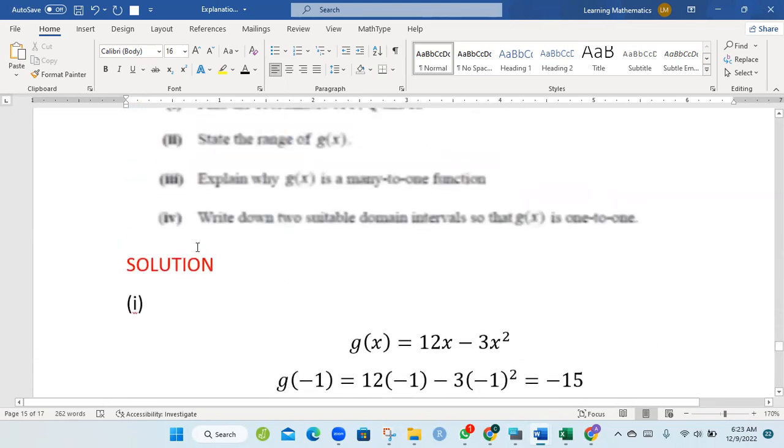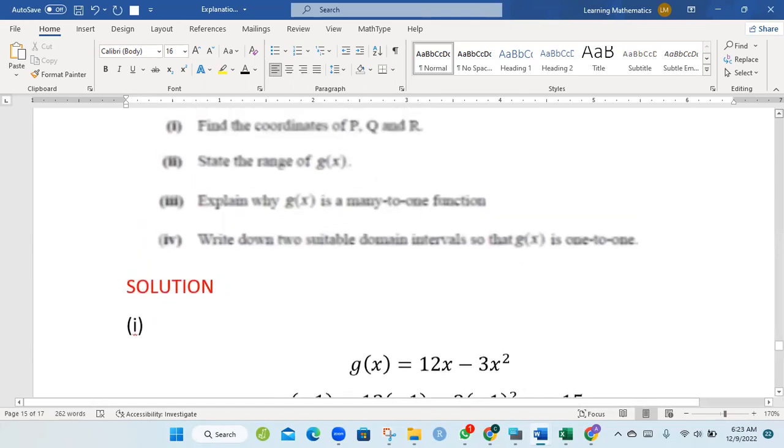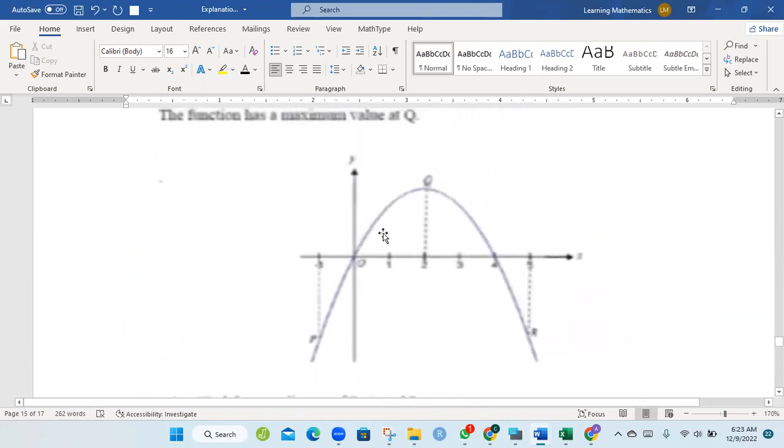Now, part 4 says write down 2 suitable domain intervals so that g of x is one-to-one. So this means that we're going to look at, well, half of the function. From minus 1 to 2 is one-to-one, and from 2 to 5 is one-to-one.